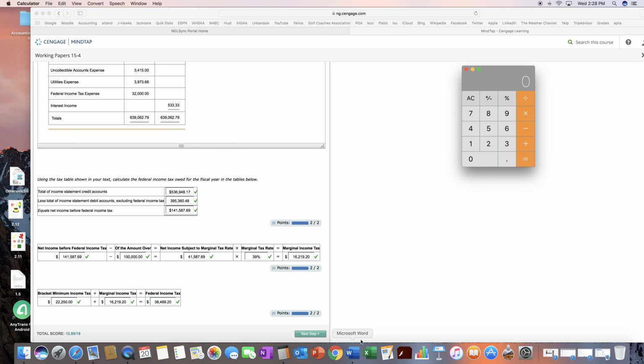Now, if you get the calculator out, 38,469 and 20 cents, don't forget that. Subtract that from 32,000, which they estimated and paid already quarterly, and our adjustment is going to be 6,469.20.